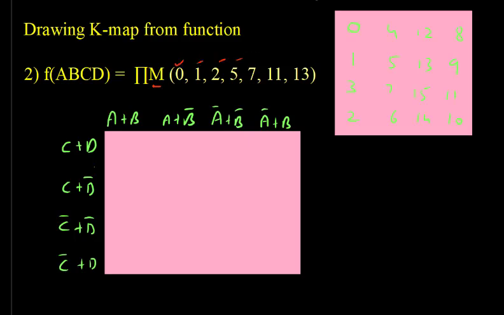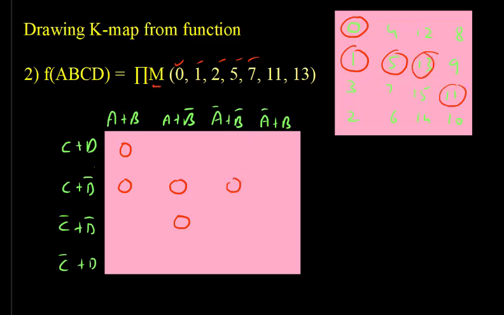So this 0 comes here, so this becomes 0, and here this is 1, so this becomes 0. Next is 5, so this becomes 0. Then 7 is just below this, so this becomes 0. Then 11 and 13, so both become 0. Rest all are 1.